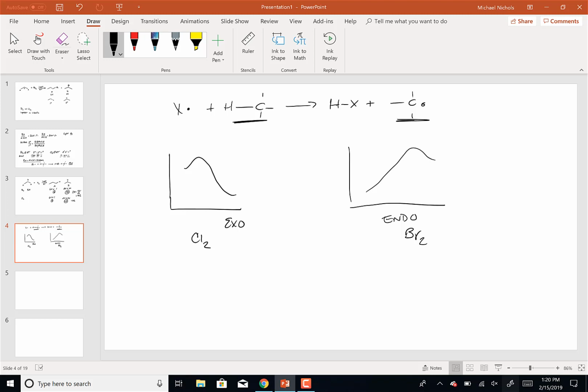Now, if I was forming the same secondary radical, I haven't drawn these diagrams exactly the way they should, because what should happen is this energy level and this energy level should be exactly the same.